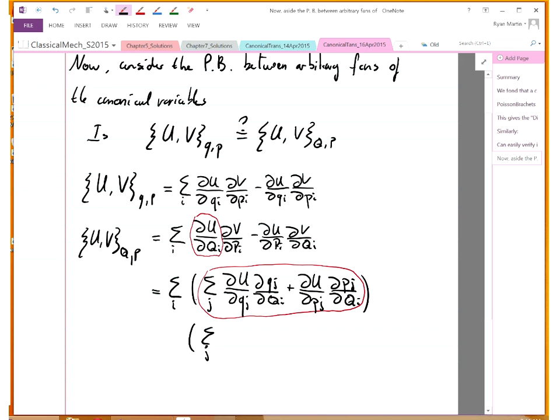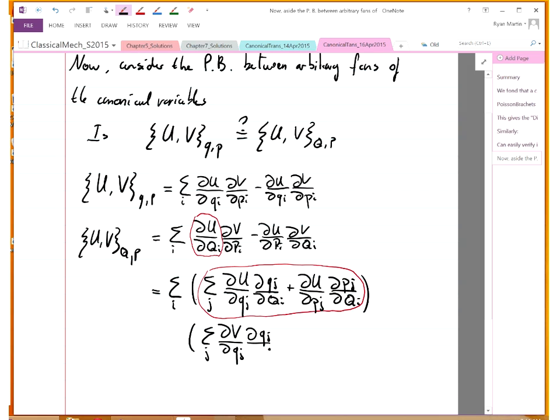That multiplies the second term. The second term I write the same way. That's the sum over J. So the second term is ∂V by ∂P_I, right?